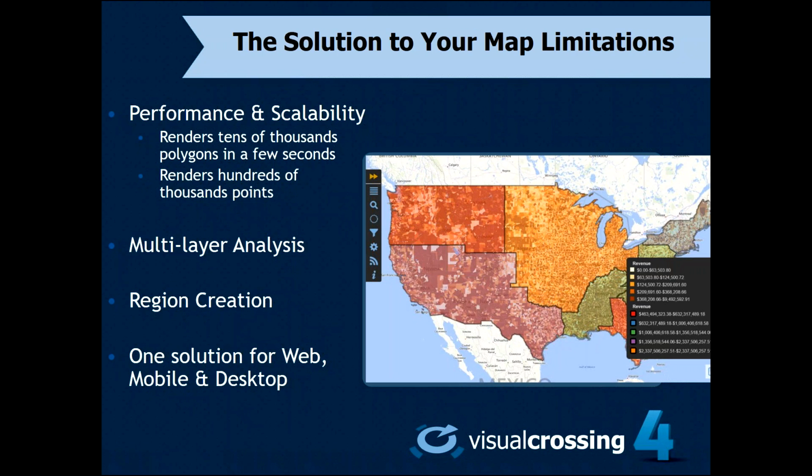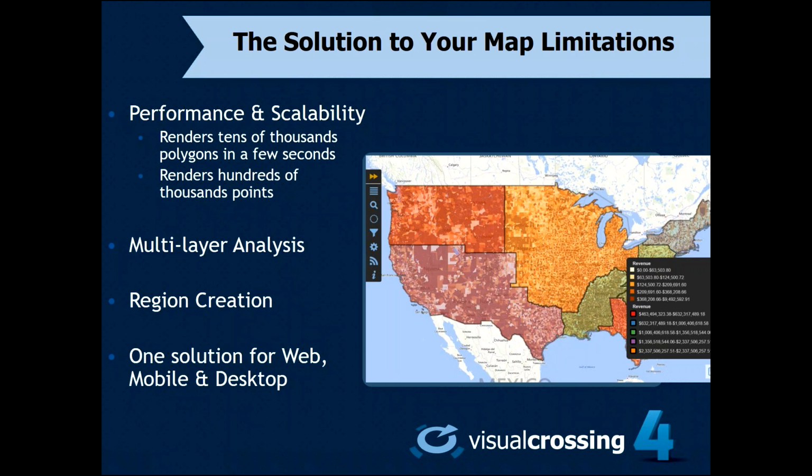At the same time, load on hundreds of thousands of points, and load on multiple layers, and really be able to explore your entire enterprise without having to jump through hoops or add filters or minimize your data sets in some way. We want you to be able to pass to us fairly large data sets and be able to do all of this analysis.